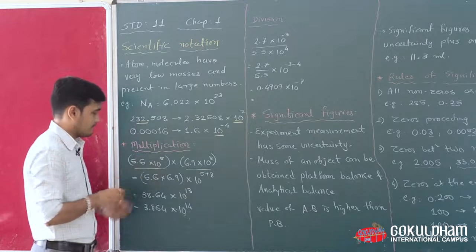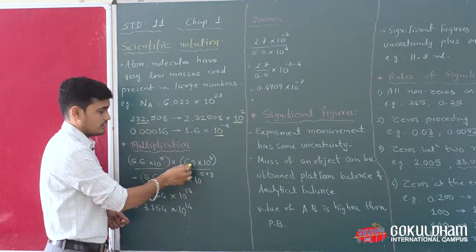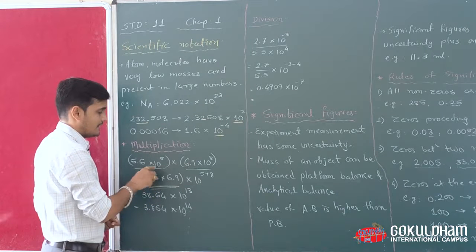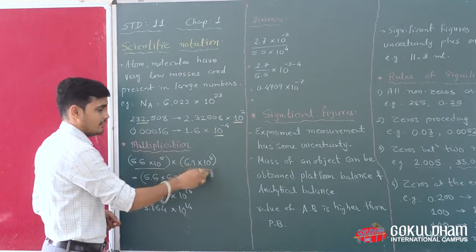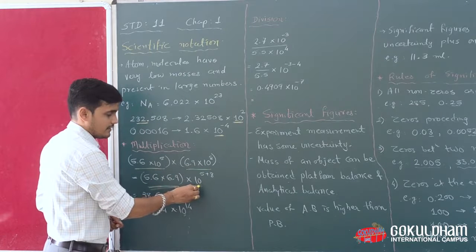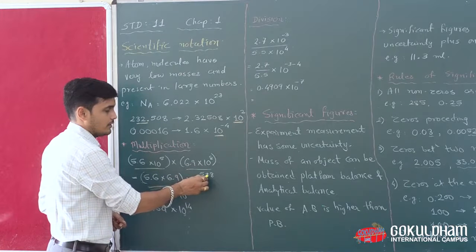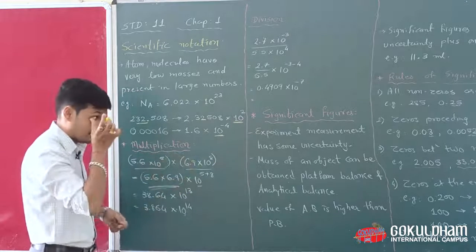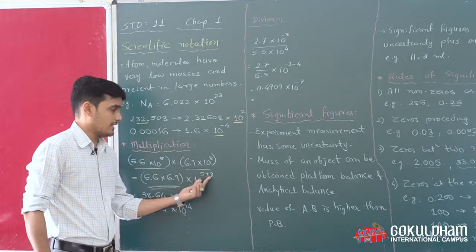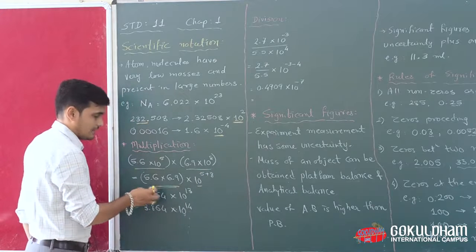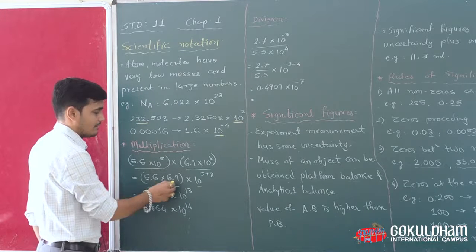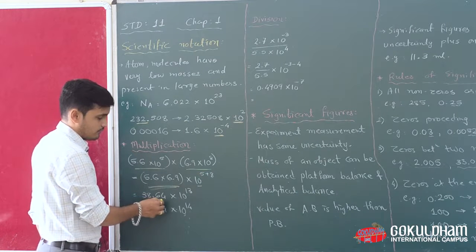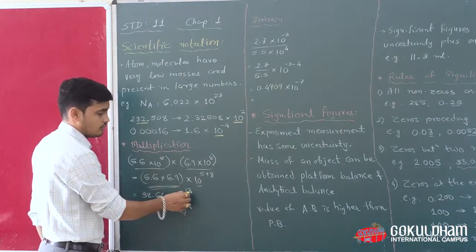So in one bracket we write 5.6 into 6.9, and 10 raised to 5 and 10 raised to 8 is written as 10 raised to 5 plus 8. You can calculate this value by your calculator, so you will get the answer 38.64 into 10 raised to 13.